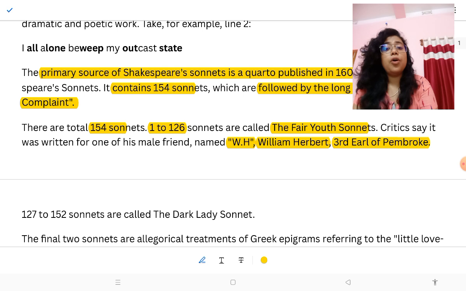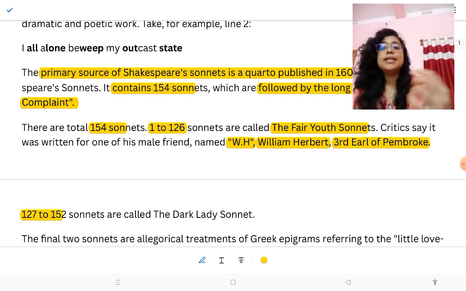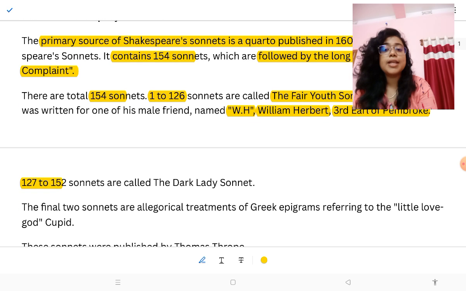Okay, so Shakespeare had a homosexual relationship with this person, the third Earl of Pembroke. So these sonnets are called the Fair Youth sonnets. Then sonnets 127 to 152 are called the Dark Lady sonnets. Who is the Dark Lady?